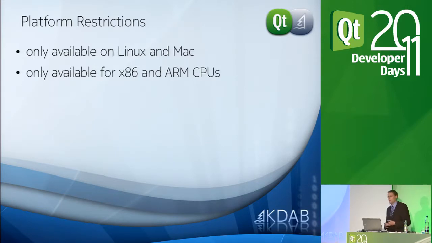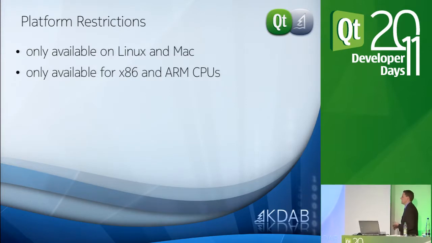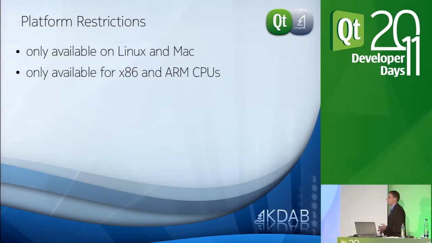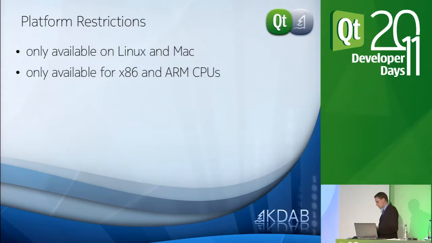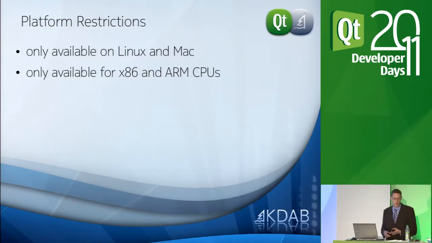There has been some effort on a Windows port, but as far as I know, it's not working yet. And it only works on x86 CPUs and some of the newer ARMs as well. So I think it works with the N900 and the N9 phones from Nokia. It's also nicely integrated in Creator. We'll see that in a bit.